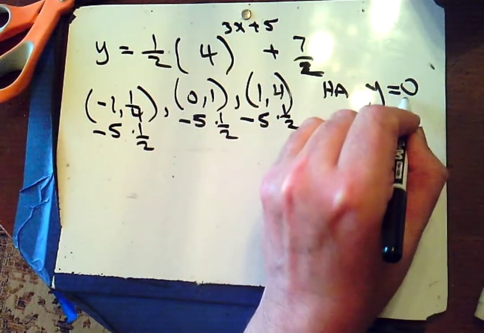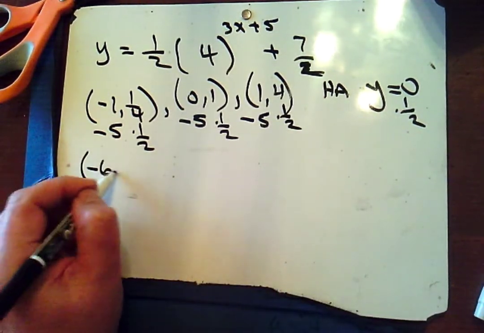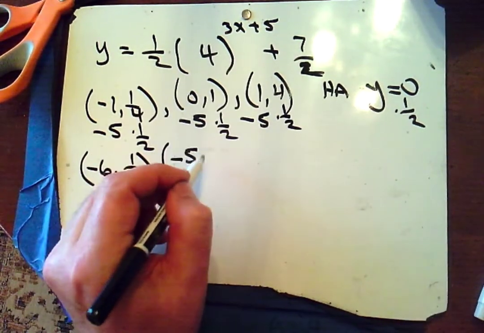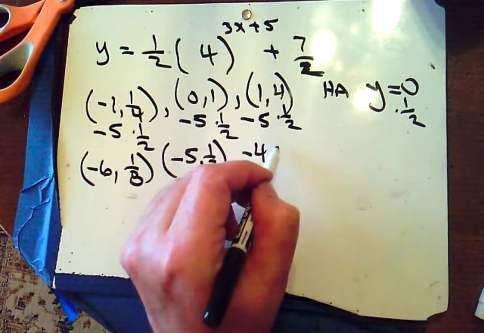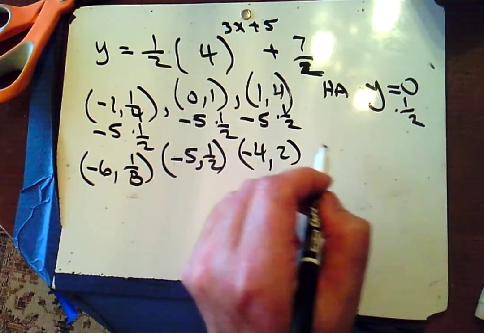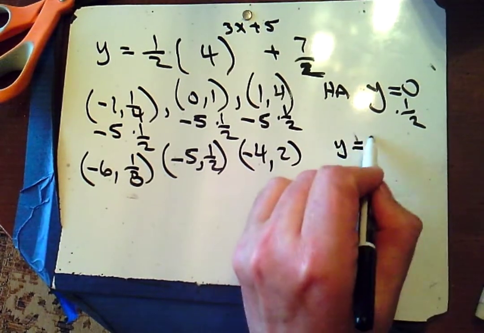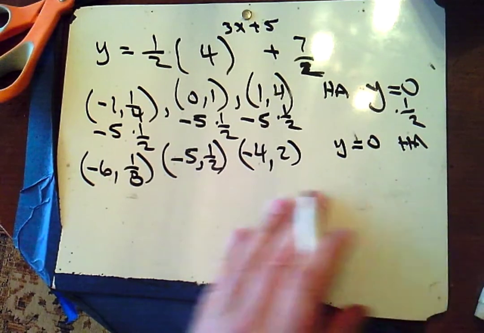This is also a y, so I'm also multiplying here by 1/2. So I have negative 6, 1/8, I have negative 5, 1/2, and I have negative 4, 2. And this, of course, still stays y equals 0, the horizontal asymptote. Okay, those are our transition points.